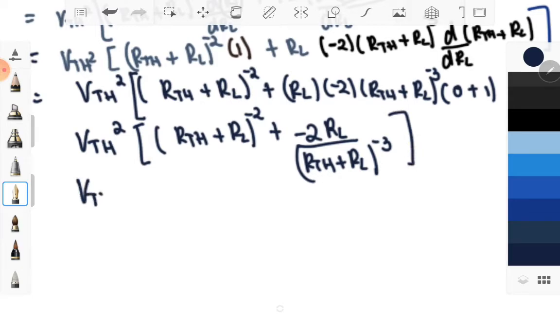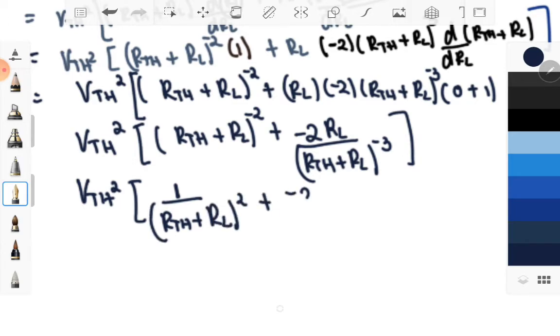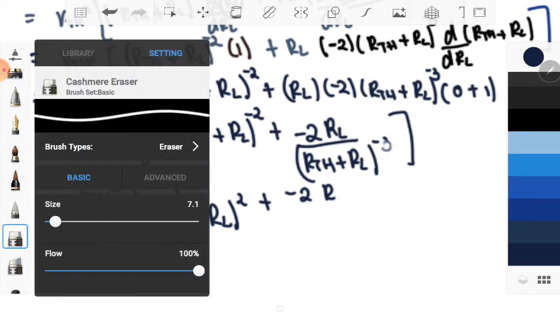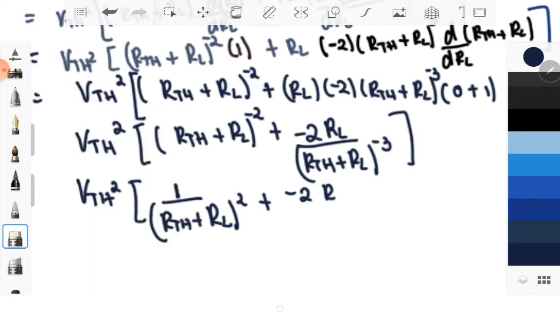So we have VTH squared multiplied by 1 all over (RTH plus RL) squared minus 2RL. So dapat hindi ito negative, ito. Why so? Kasi binaba na natin, di ba? Yung positive nito dapat. Okay?